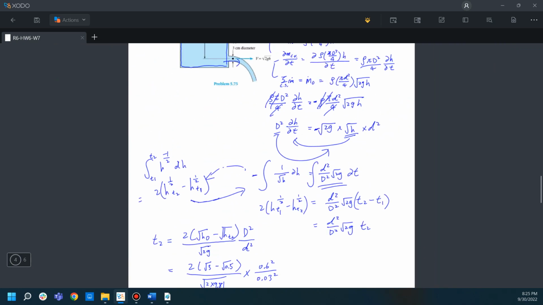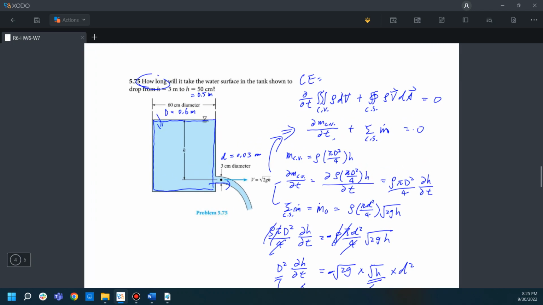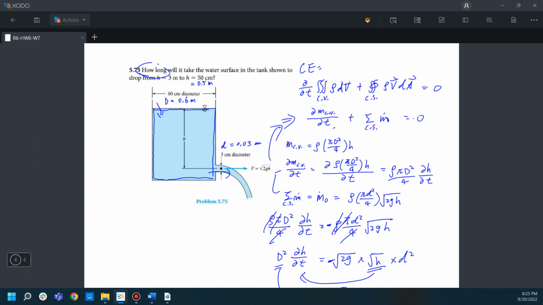Okay, so let's quickly overview this 5.75. You start from the continuity equation and you write the main flow terms: you have the unsteady term for the control volume part, and you have the summation term for the control surface part.